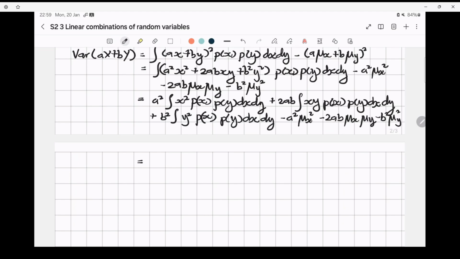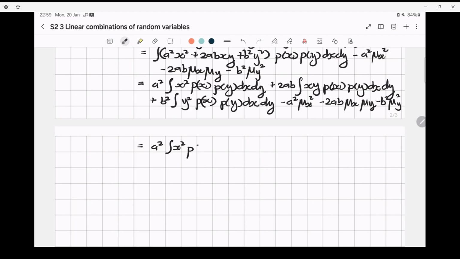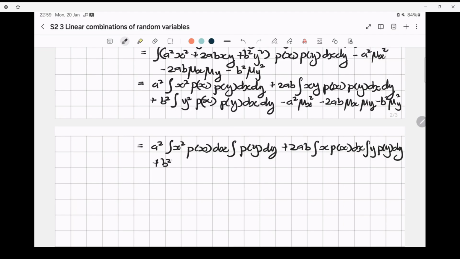So then the next step is to simplify it. You have a square, x square px dx, integrating py dy, plus 2ab, so x px dx, and then you have y py dy, plus b square, so here you have px dx and then y square py dy, minus a square mu x square, minus 2ab mu x mu y, minus b square mu y square.